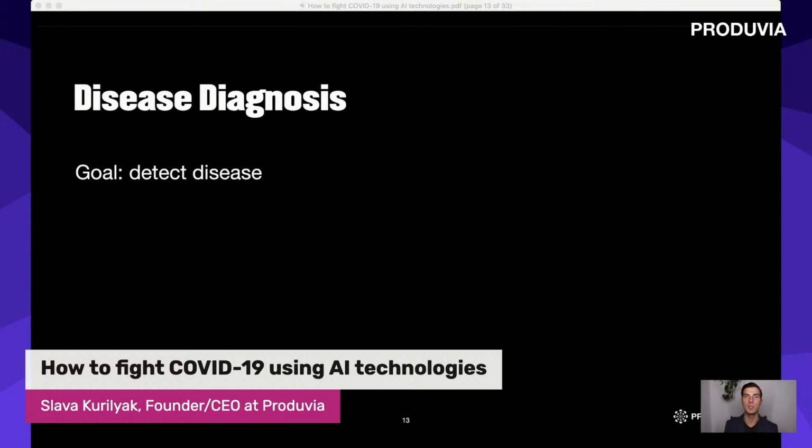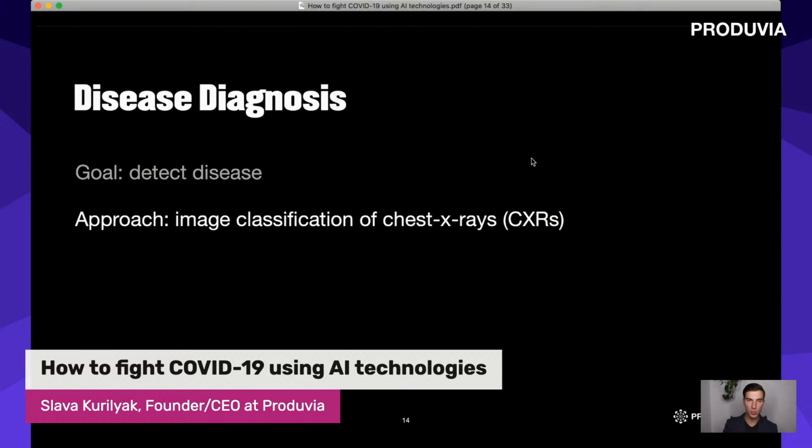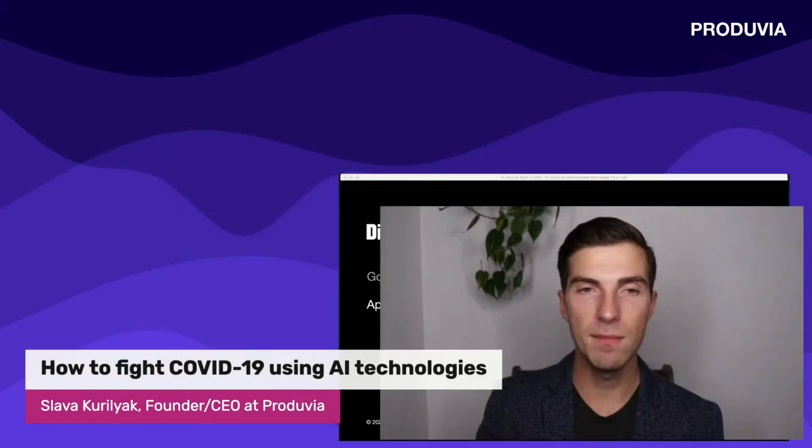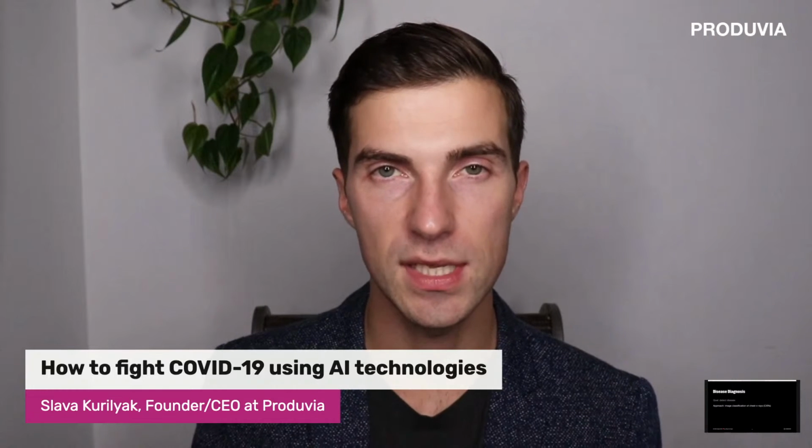Imagine we have lots of data about patients coming into hospitals and healthcare facilities, and that data is being stored today. The question arises: what technology, what method, what approach can we use to analyze that data? And the approach here is to use an image classification model that has been trained on chest X-ray scans.